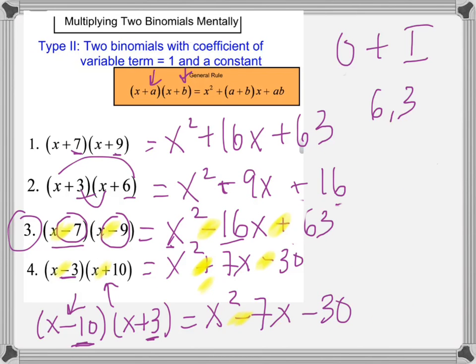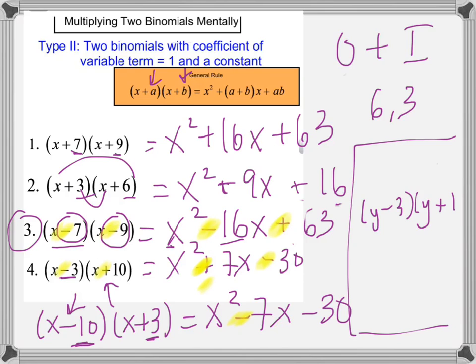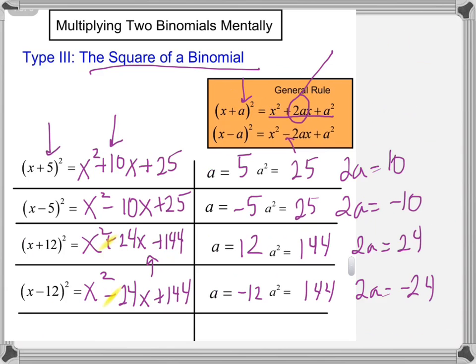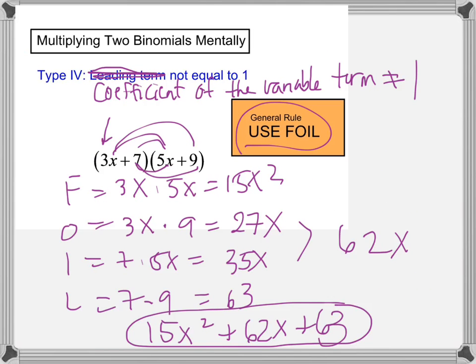Type 2 is when you have something like this, where the coefficient of the leading term is 1, the coefficient of the variable term is 1, and you have constants being added or subtracted. Type 3 is the square of a binomial, and type 4 is the type of binomial where the coefficient of the variable term is not 1. You just have to use FOIL.